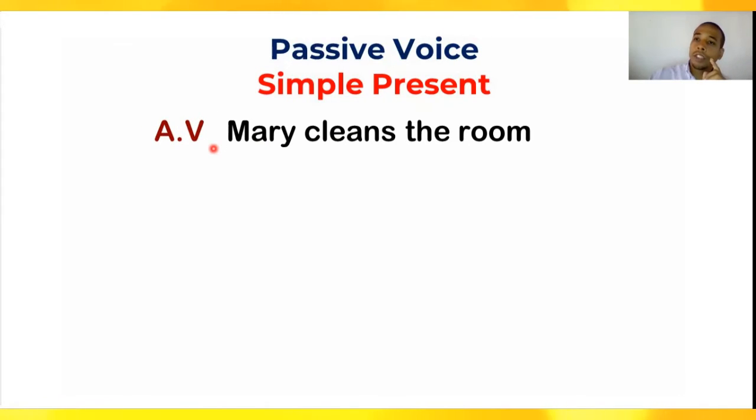Which one is the subject in here? Yes, you know that the subject is Mary. This is the verb, cleans, and this is the object, is receiving the action. So Mary performs the action, the room receives the action. Now, for passive voice, you're going to leave two blanks, always for simple present.